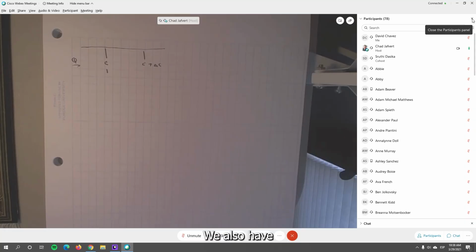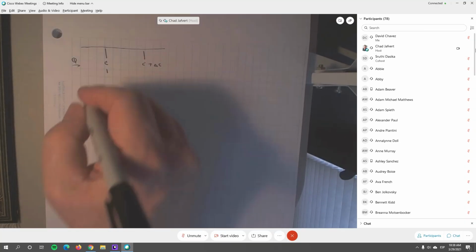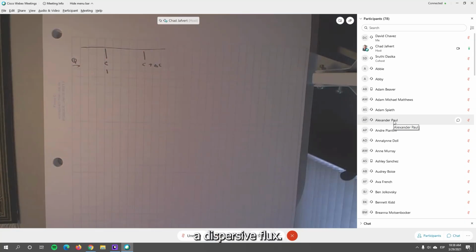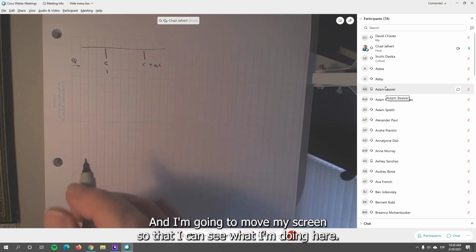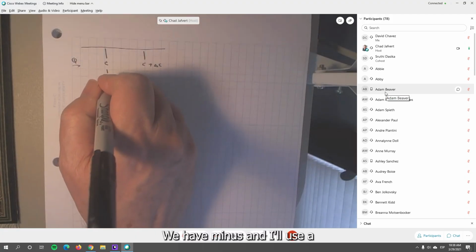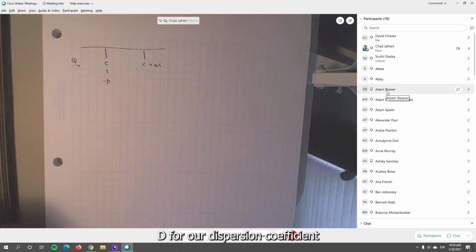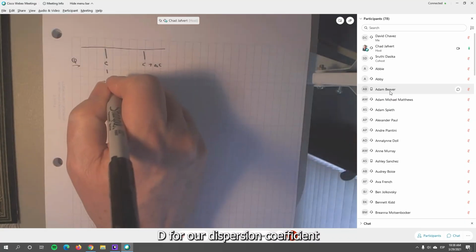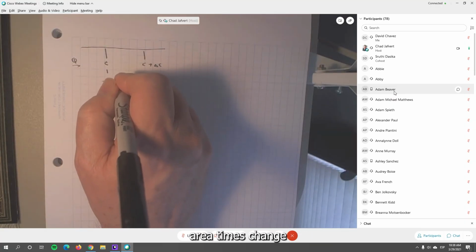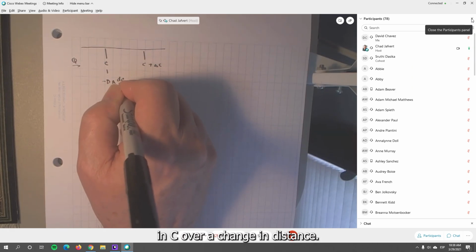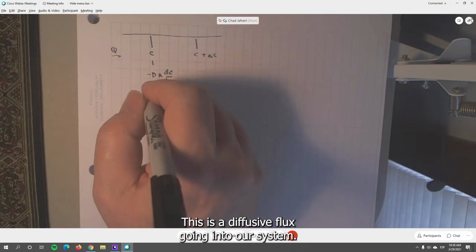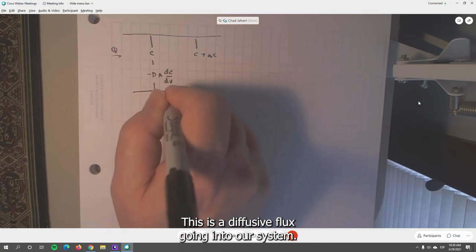We also have a dispersive flux. I'm going to move my screen so that I can see what I'm doing here. We have minus, and I'll use a D for our dispersion coefficient, area times change in C over change in distance. This is a diffusive flux going into our system.